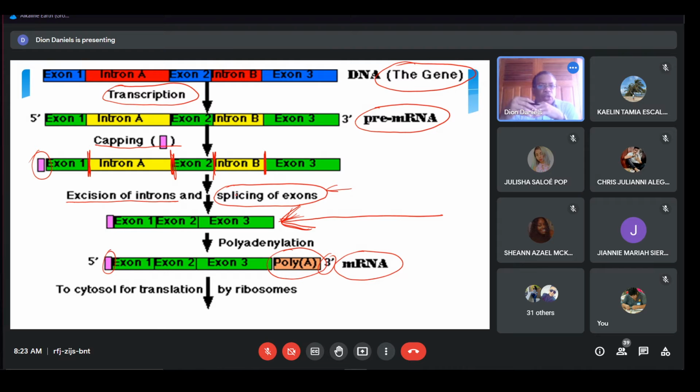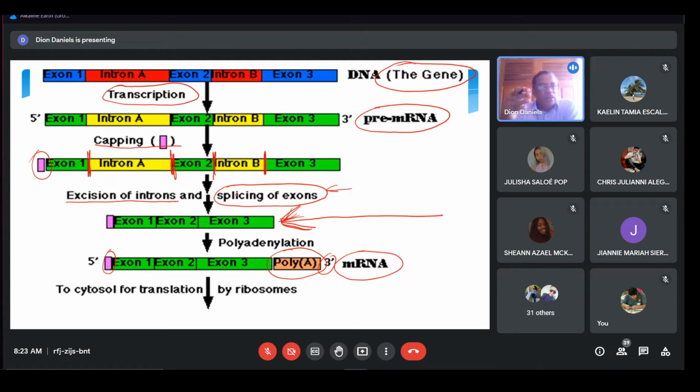So I mentioned that RNA processing is required in eukaryotes because eukaryotes have introns. In the case of prokaryotes, bacteria do not have introns, so their messenger RNA don't need to go through this process.